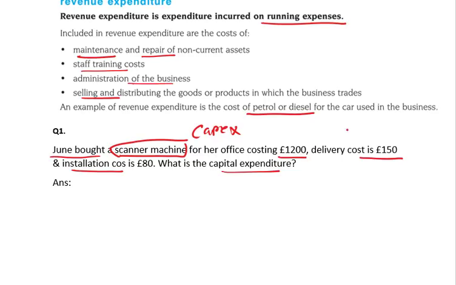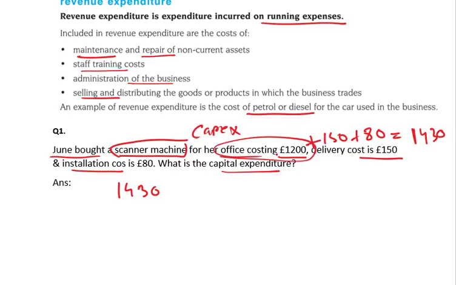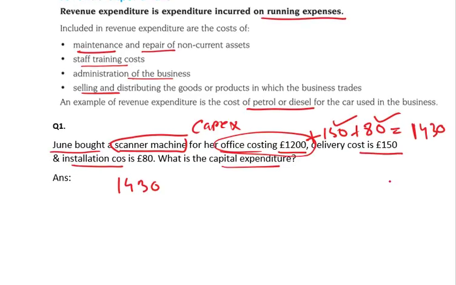What is the capital expenditure? Just add it all up. So in the answer we write 1430. Easy stuff. It's not just the cost of the scanner, also delivery, also any installation. That's your capital expenditure.